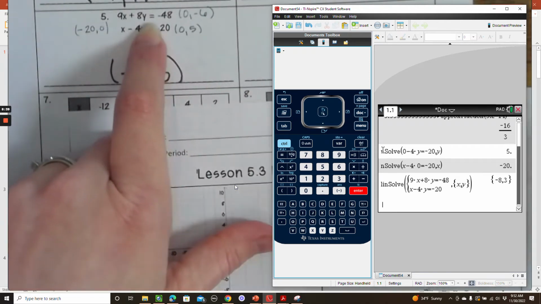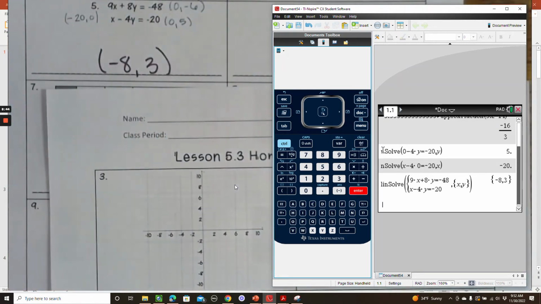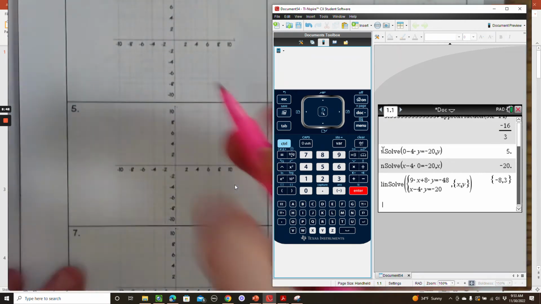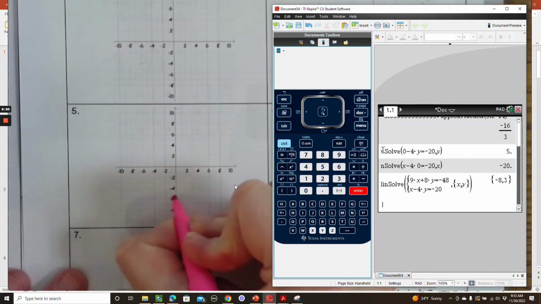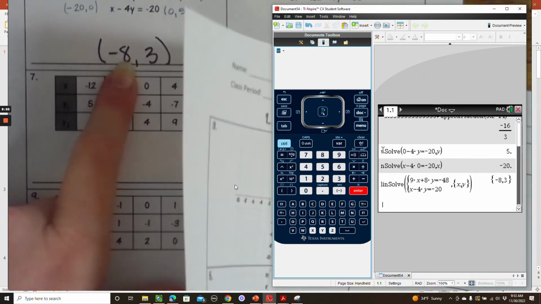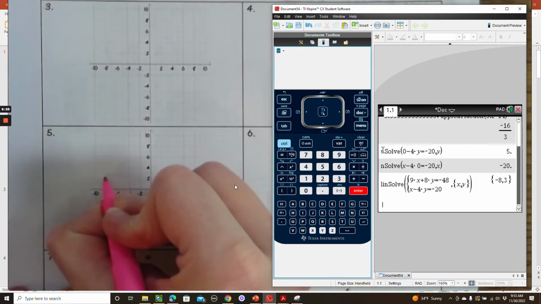All right. So my first line, we know there's a point at 0, negative 6. So what number is this? 5. So I'm going to put a point at 0, negative 6. And then that solution point was negative 8, and then positive 3.